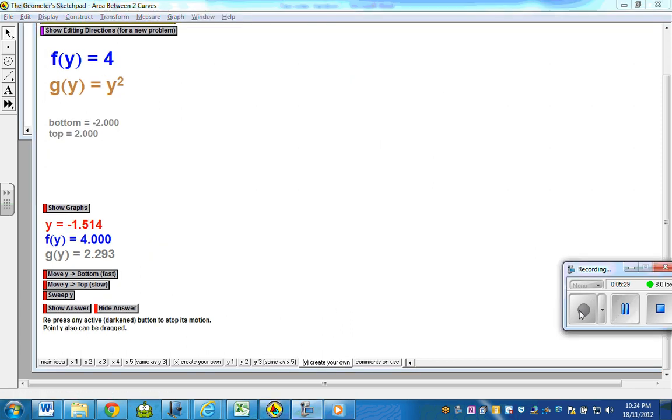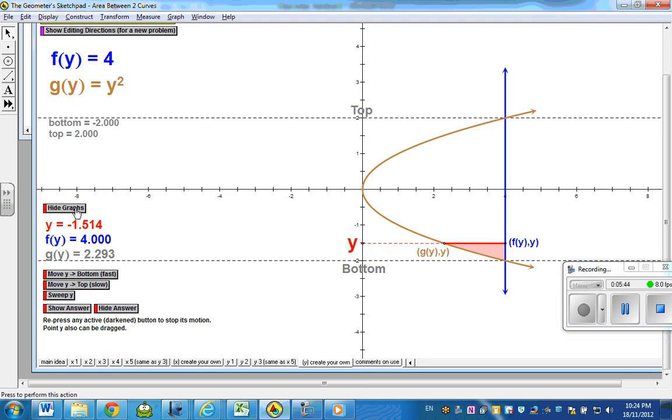In this example, we have a straight line and a parabola opening sideways. If we graph those two curves, we'll have something of this sort, and we definitely would like to use horizontal elements. The limits are easily found by setting f of y equal g of y.